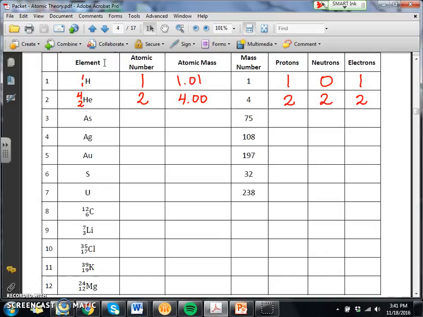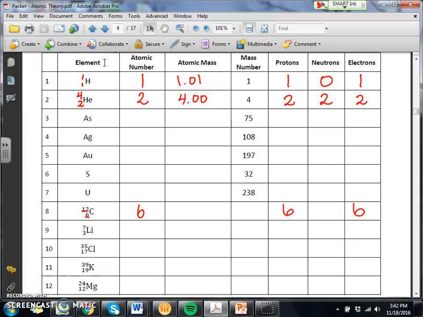If we look at a different type of problem, for example, number 8, where they give us our completed symbol, but not anything else, we can use that to figure out our information. We know the number 6 is our atomic number, which also tells us that we have 6 protons and 6 electrons.